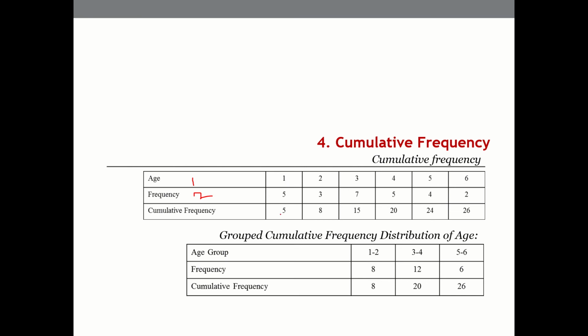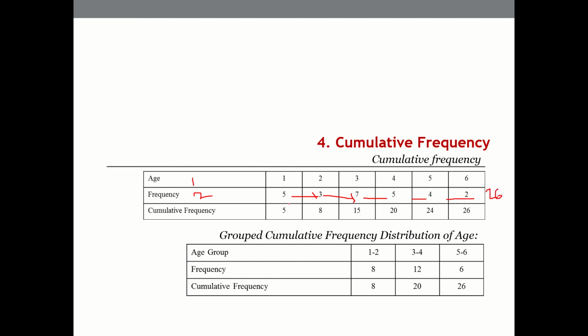In cumulative frequency, a table is prepared like this. What is the total summation of this? 5 plus 3 is 8, 8 plus 7 is 15, 15 plus 5 is 20, 20 plus 4 is 24, 24 plus 2 is 26.